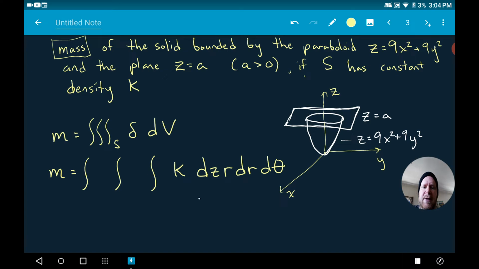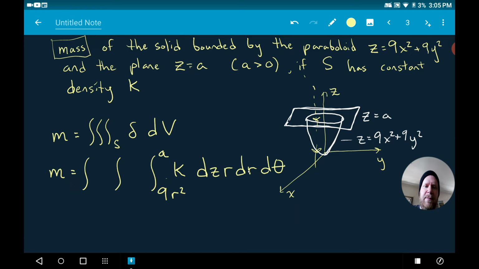Okay, z, and if we think about the bounds for z, conveniently they're already in the right form. The top surface that it hits is the plane, bottom surface that it hits is this paraboloid. But I'm going to use the fact that I'm working in cylindrical coordinates and say this 9x squared plus 9y squared is really just 9 times r squared.